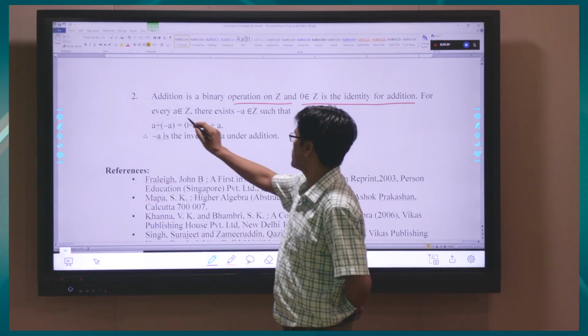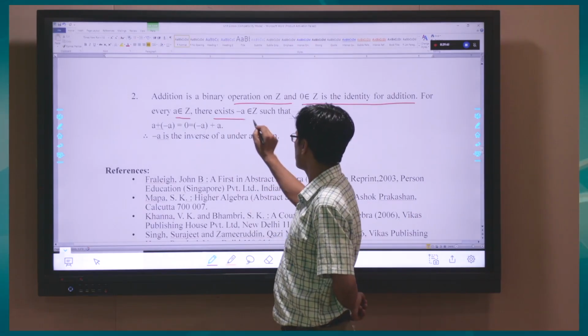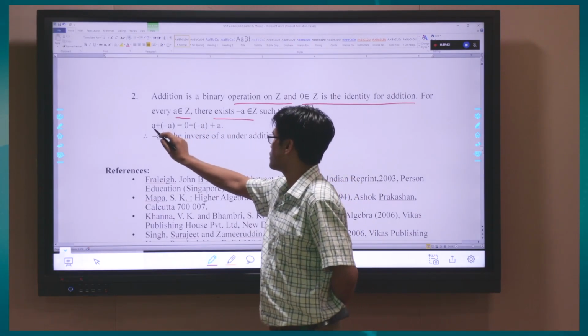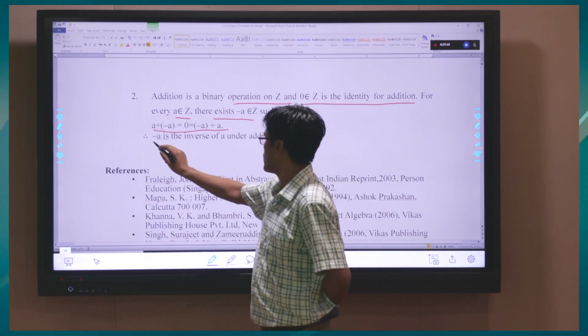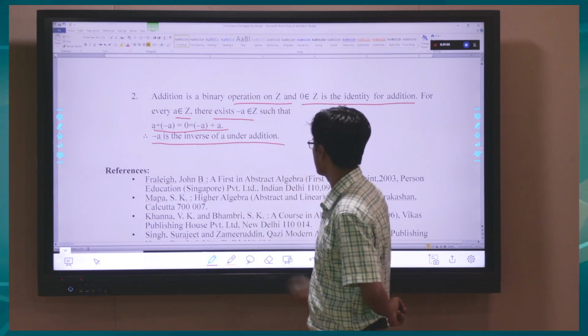So for every A belongs to Z, there exists minus A belongs to Z such that this condition is satisfied. Then minus A is the inverse of A under addition.